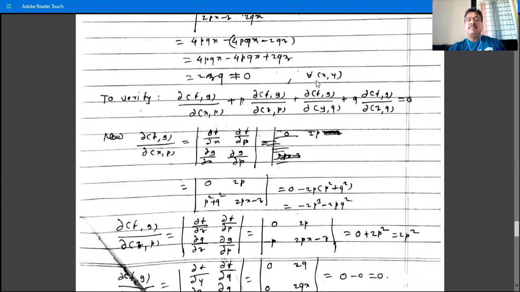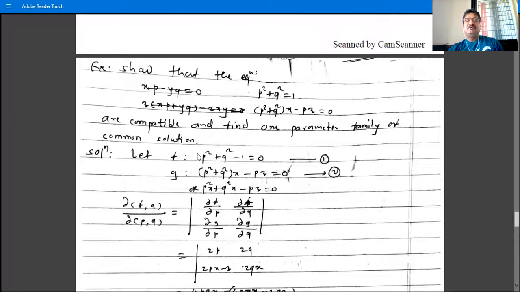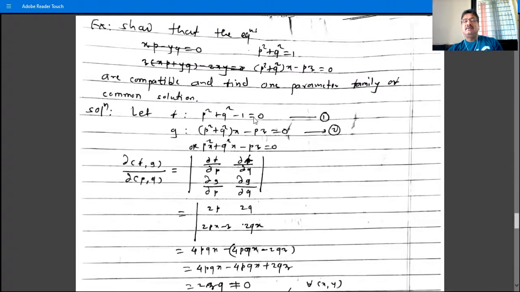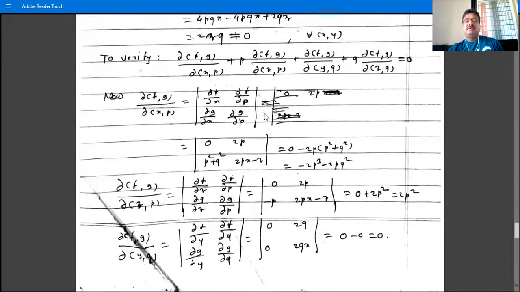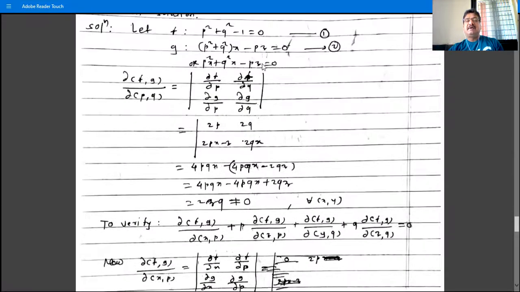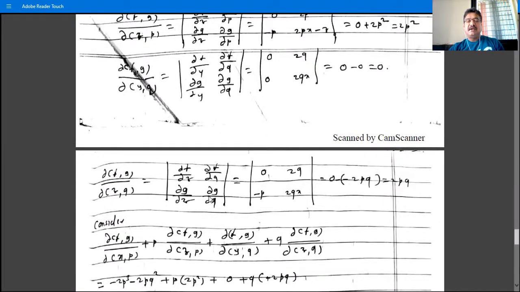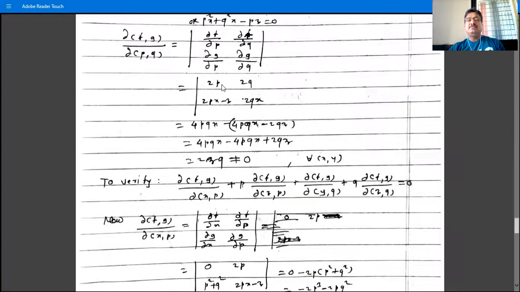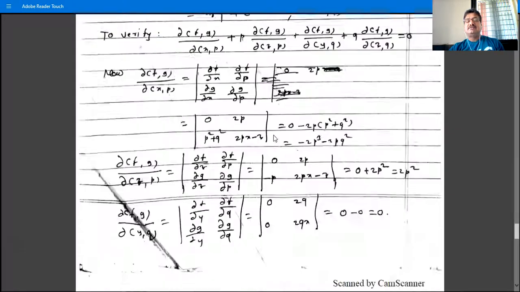Then ∂(f,g)/∂(y,q) is the determinant with ∂f/∂y, ∂f/∂q, ∂g/∂y, ∂g/∂q. ∂f/∂y is 0 because there is no y in f. Then ∂f/∂p is 2p, ∂g/∂z is −p, and ∂g/∂q is 2qx.